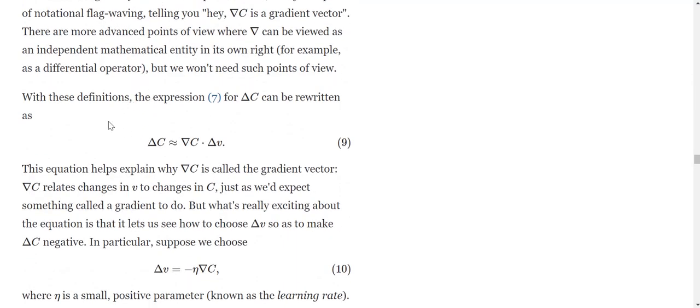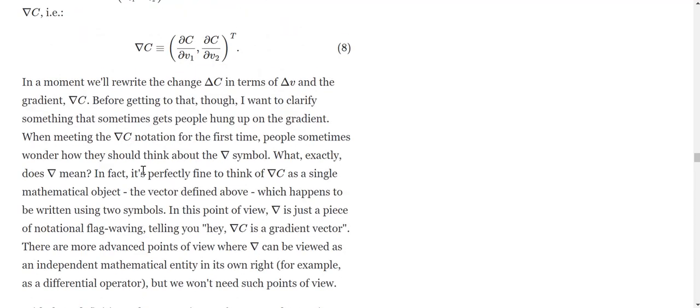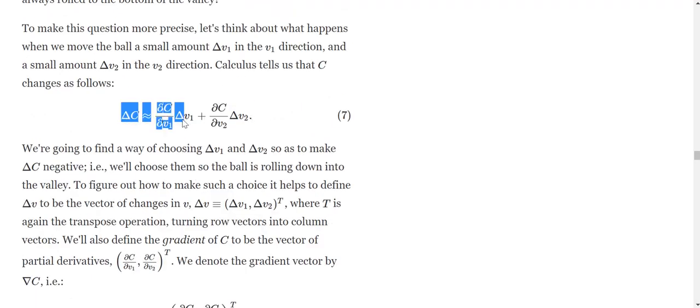So now what they've done is rewrite the change in C as a dot product of the gradient of C and the change in V. If you're familiar with dot products, you'll know that this can be expressed as a matrix multiplication of two vectors, where one of them is transposed, and if you work out the matrix multiplication, you will get exactly this.